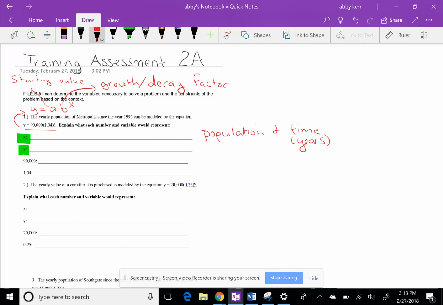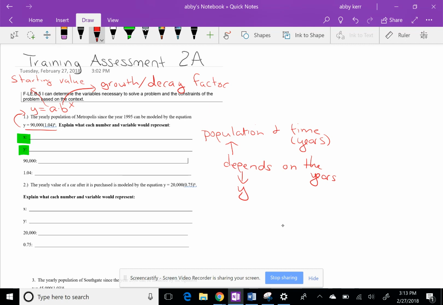Now, you want to think about how we approach this in our linear unit. What depends on what? Does time depend on population, or does population depend on time? If you said the second one, that would be correct. So since this depends on the time, or on the years, this would be our y value.